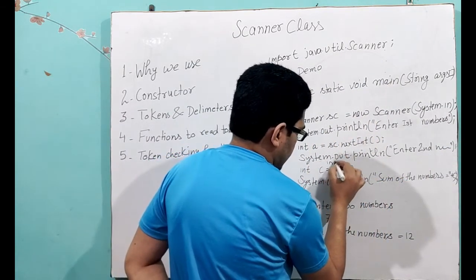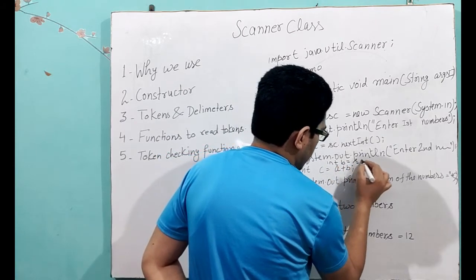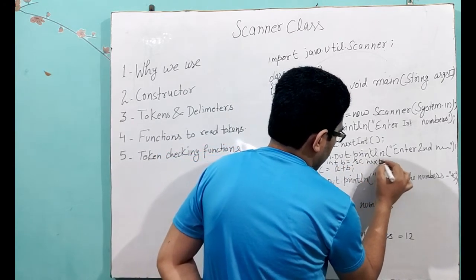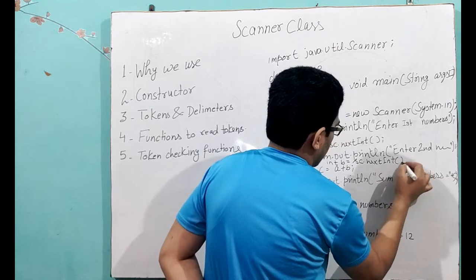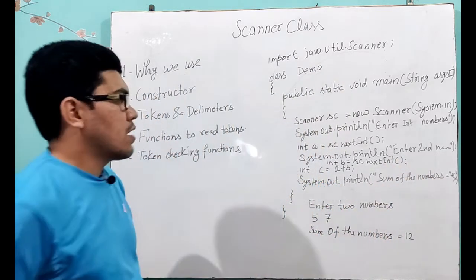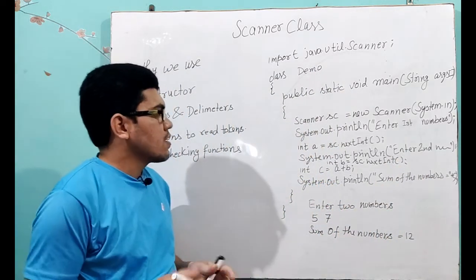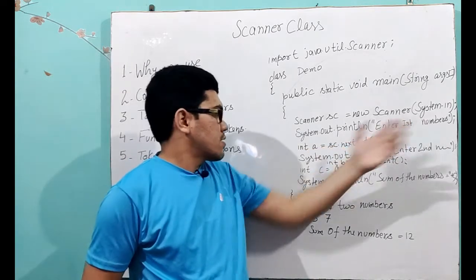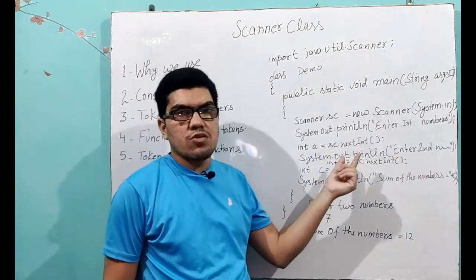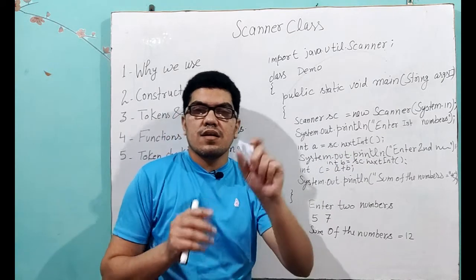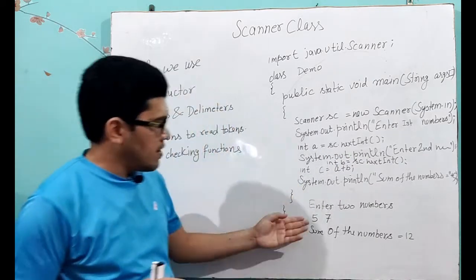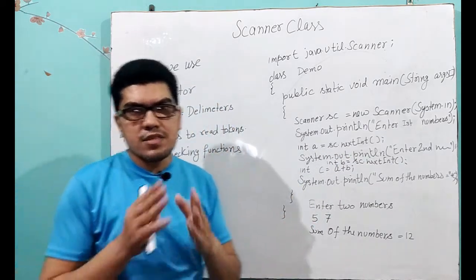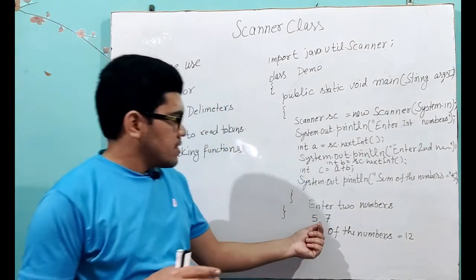Here I am writing int b = sc.nextInt(). Now look how this will execute. Enter first number, int a = sc.nextInt(). Now we are taking the input one by one. Before, we had taken two inputs together, separated by space.